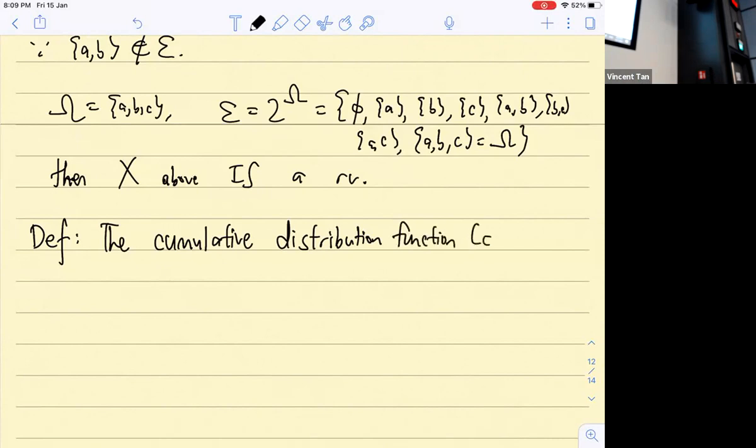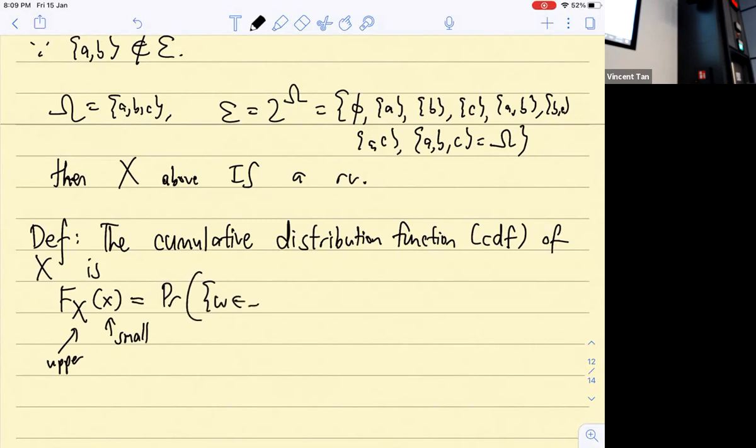The CDF of X, a random variable, is F_X(x). The first is uppercase, big X, and this is lowercase. My uppercase and my lowercase look the same, sorry, live with it. It is the probability of omega in omega such that X(omega) is less than or equal to x.